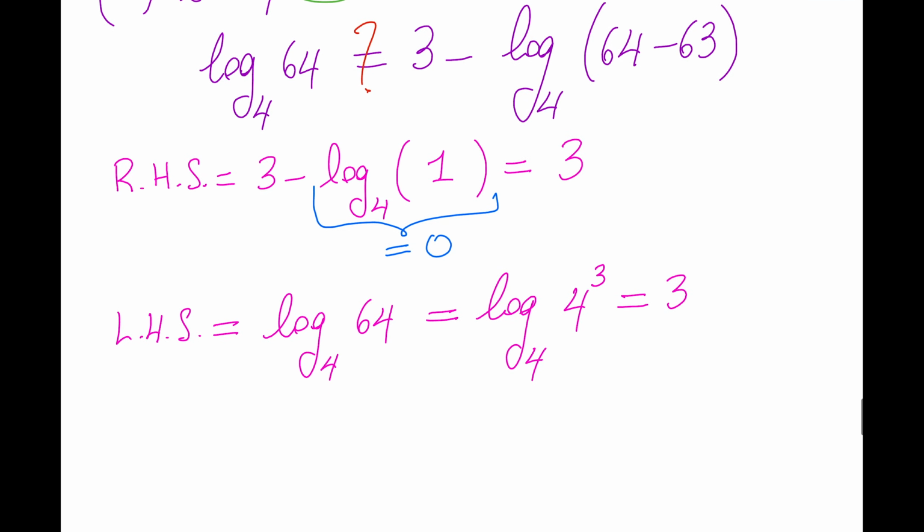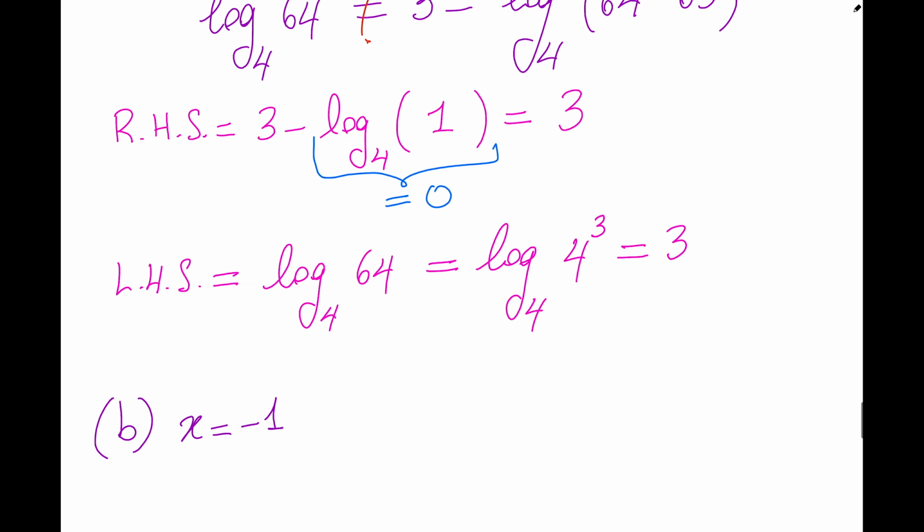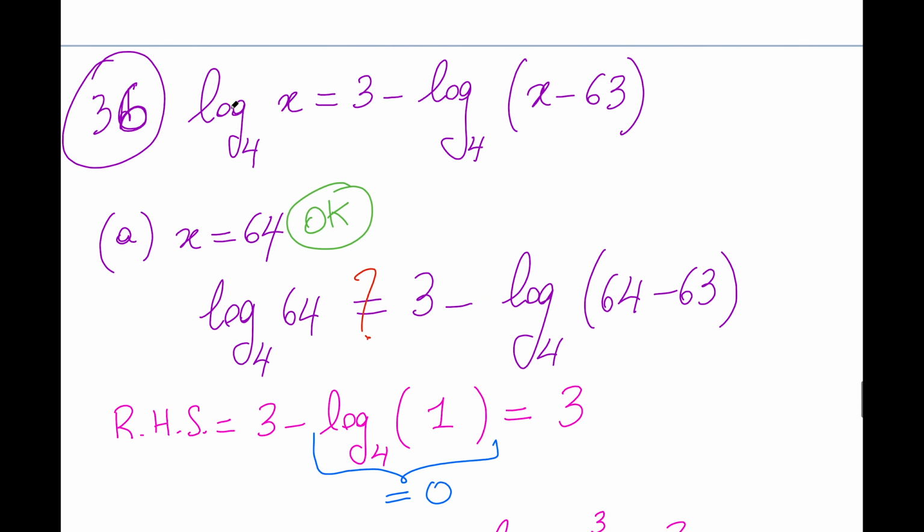Part B is we want to replace x by -1. If you replace x by -1, we get log base 4 of -1 equals, and we don't even need to continue.